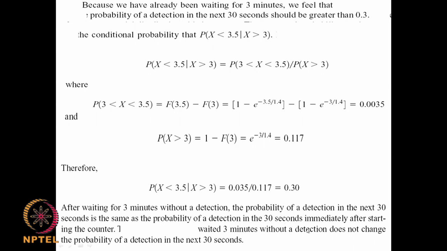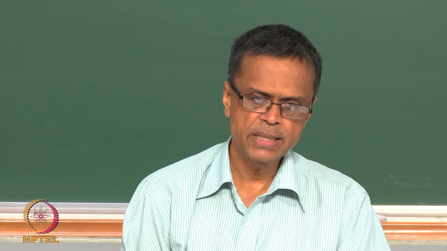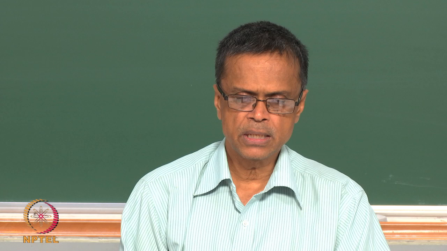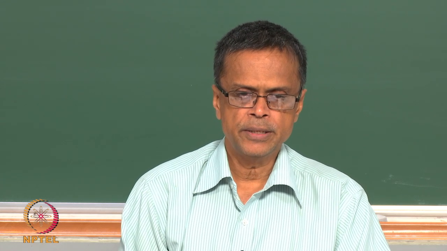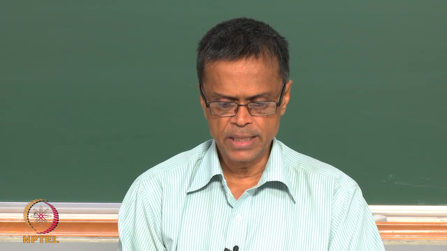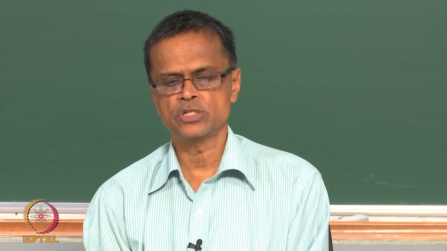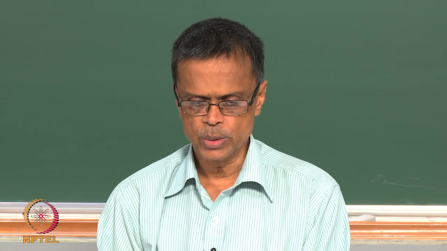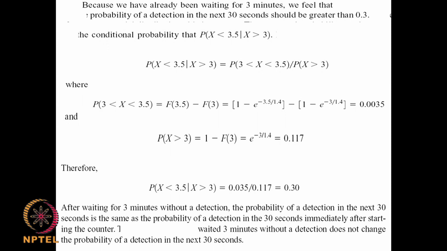So, whether I wait for 3 minutes and then look for a particle within 30 seconds, or I start my Geiger counter and look for a particle within 30 seconds, you will get the same probability. Why? Because, as I said, the exponential distribution is memoryless. It does not consider that because it has not seen a particle for a very long time, the probability will increase. That is the beauty of this particular distribution. Do you understand this problem?